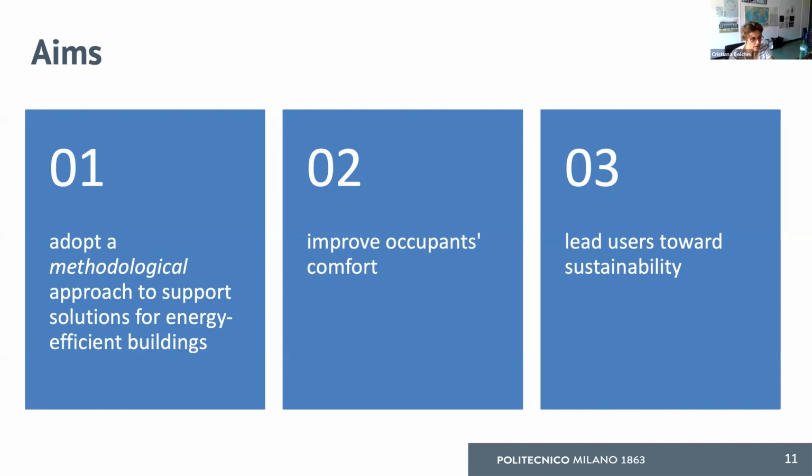And as a third aim, there is always the idea to lead the users towards a higher sustainability, to make sure that they adopt the best behaviors in order to save energy when it is possible, and to use the energy in a smart way when necessary.